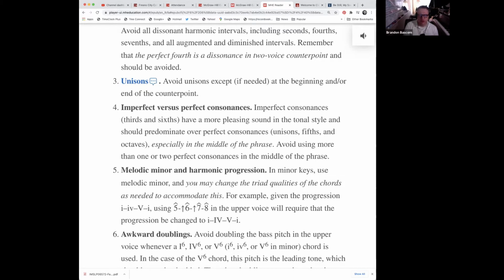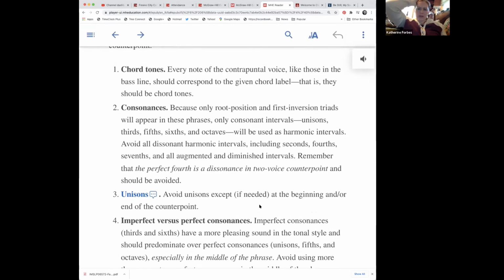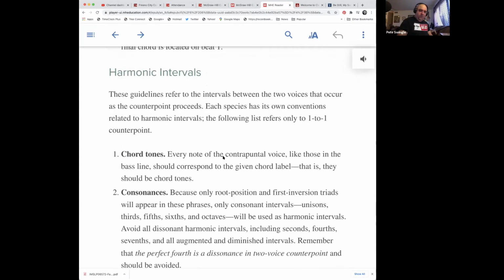Pretty sure? No. No, you're not with me, or no, we're not talking about 4-part. Well, you just said 2-part in number 2, so why are we talking about 4-part in number 3? Where did I say? Yeah, at the end of number 2 they said in the two voice.